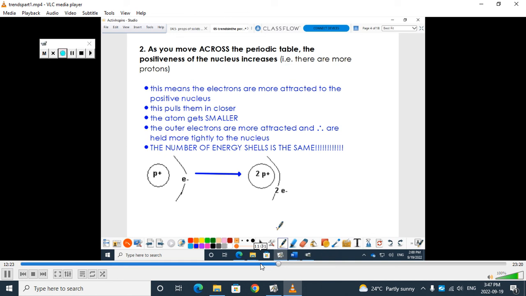So you can kind of think of this like holding hands. If you held someone's hand, one hand, they could kind of get away from you. If you held both their hands or two of them, you could pull them in closer. So this picture says on the left, 1 proton, 1 electron, and then on the right-hand side, 2 protons, 2 electrons.